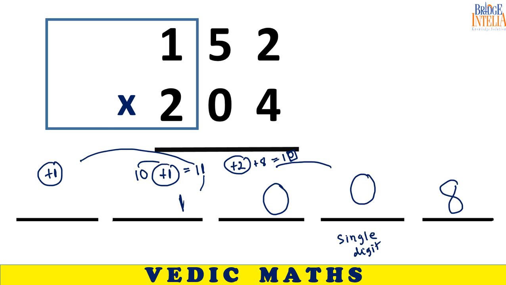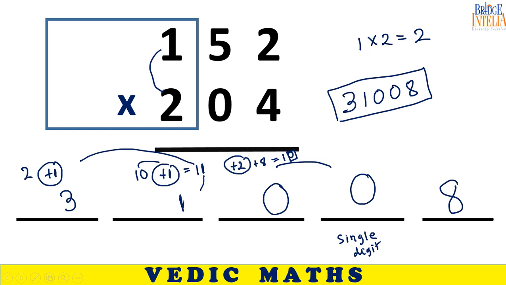So let's move the box forward. So if you move the box forward, now there are only 2 numbers inside this box, 1 and 2. So if you find the cross connection product, 1 into 2 is equal to 2. So 2 plus 1 is 3. So write 3 here. So final answer is 31008.